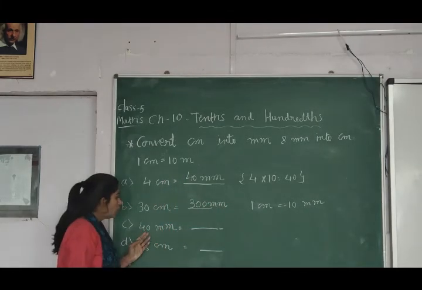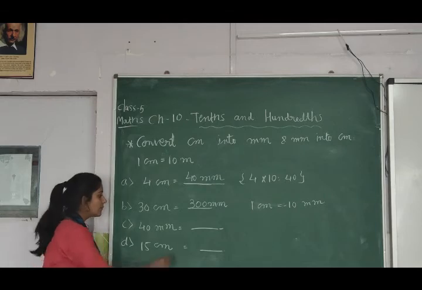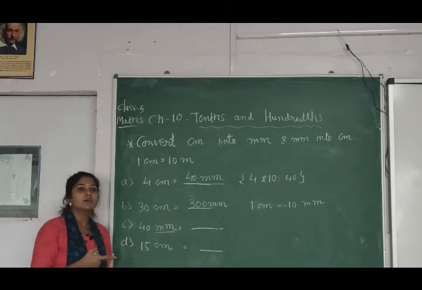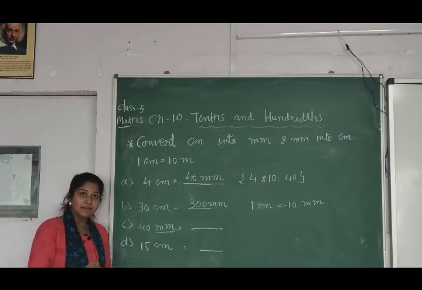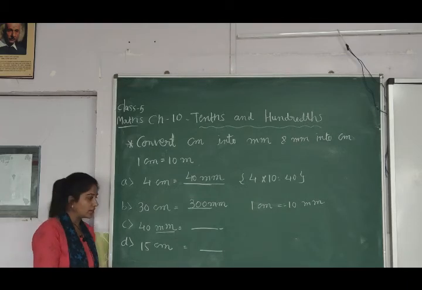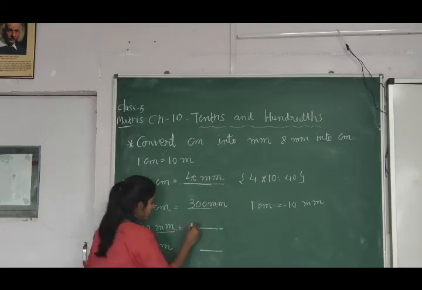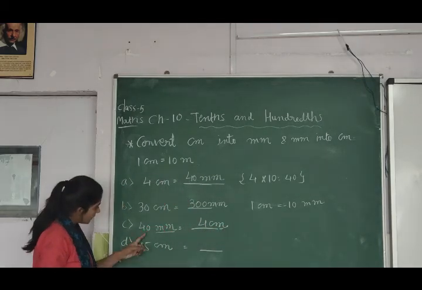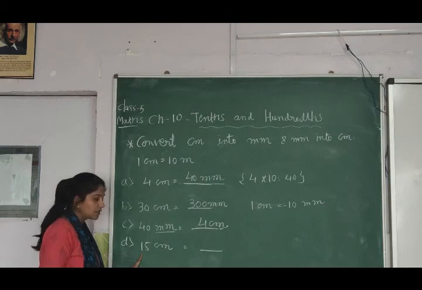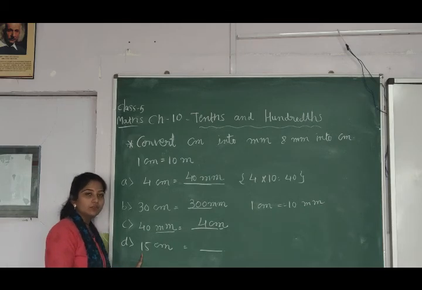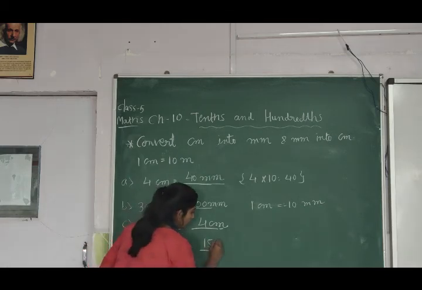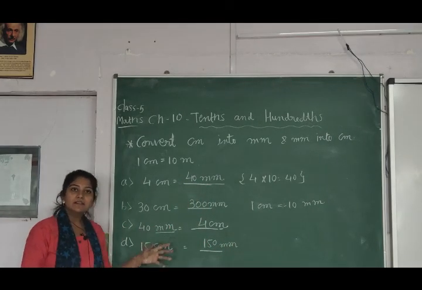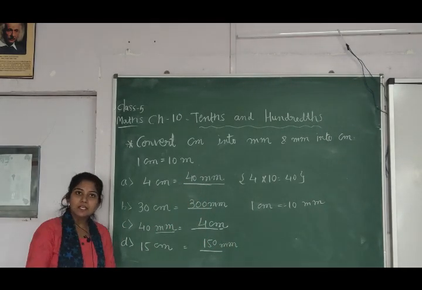Now 40 millimeter: here the measurement is given in millimeter, and you know 1 centimeter is equal to 10 millimeter, so 40 millimeter is 4 centimeter. You can do 40 divided by 10. Then 15 centimeter: 15 into 10, so 150 millimeter. Okay students, there are more exercises regarding this that I will give you in homework.